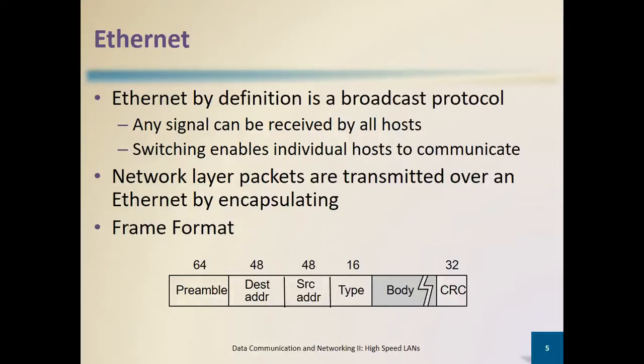And then the body, which is the largest part, is where the actual data is carried. The frame data part, which is the body, goes from 1200 all the way up to 1500.